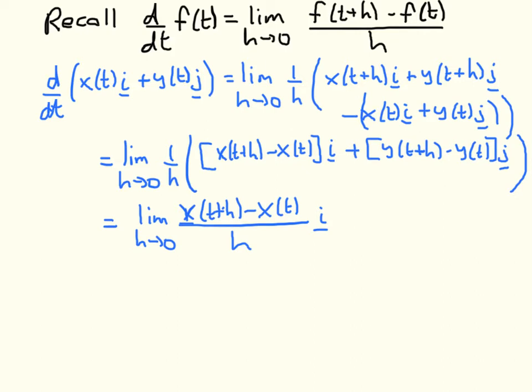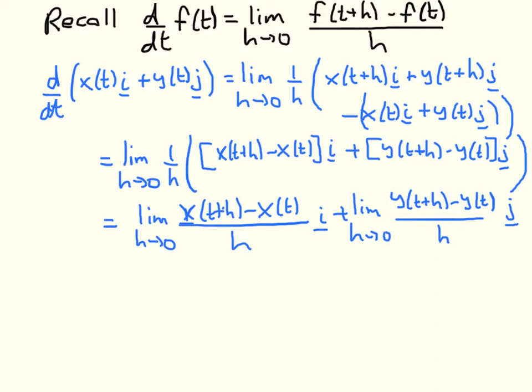So this is this term and the limit. And then we just add to it plus the limit as h goes to 0 of y of t plus h minus y of t, all over h, in the j direction.